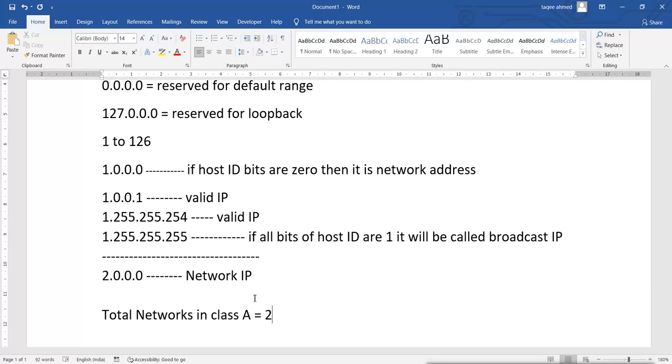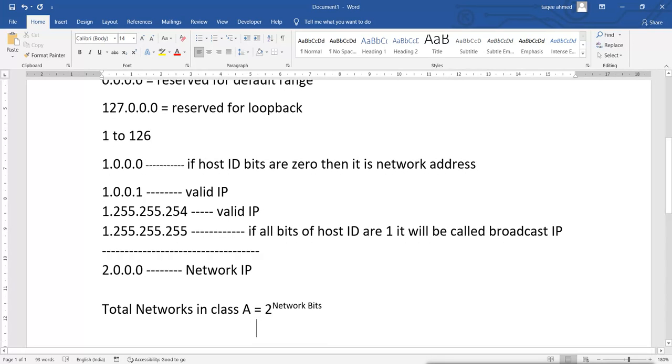So 2 raised to network bits. Now how many network bits do we have here in class A?